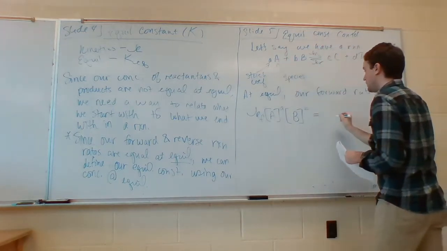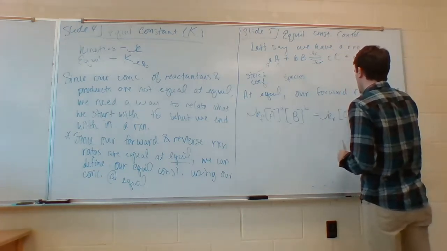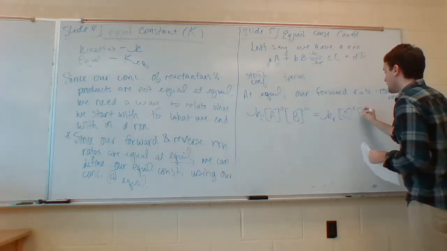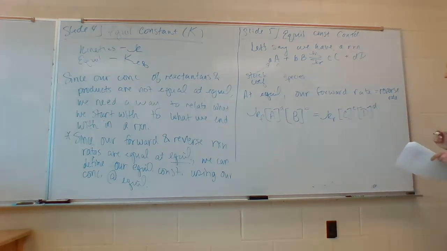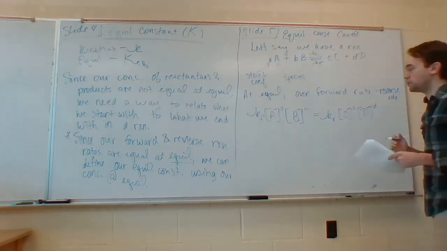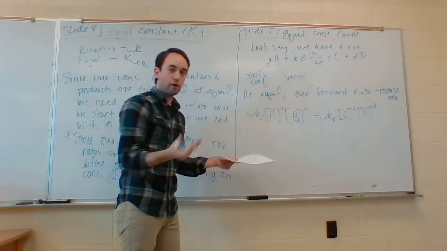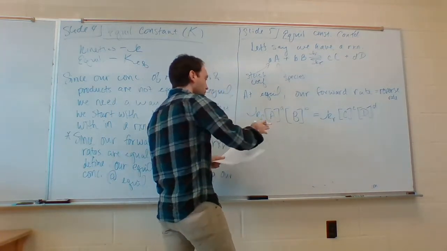So that means that this has to be equal to Kr times my concentration in C raised to the little c times my concentration in D raised to the little d. Okay? Again, our forward reaction rate was equal to our reverse reaction rate, and these are just our rates from kinetics that we just finished.